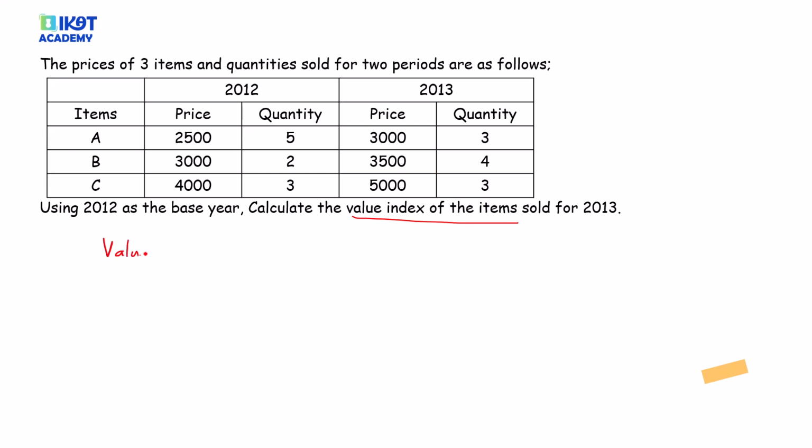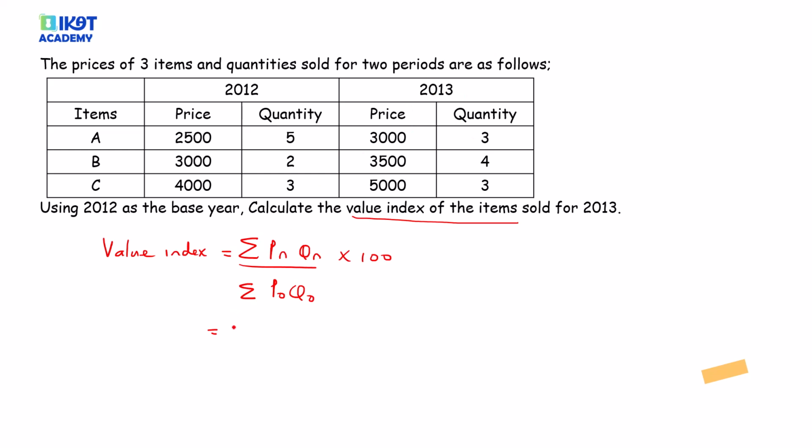The value index is actually a very simple concept. You sum all the prices in the current year times the quantity bought for that year. Then you also sum all the prices times the quantity bought for the base year. For this question, the current year is 2013.